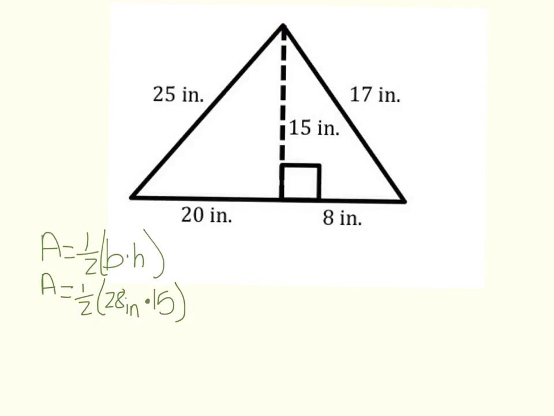So the area would be 1/2 times 28 inches times 15. I got the 28 because I added this, and the 15 inches because this is the altitude or the height. So when I multiply 28 inches times 15 inches, I get area equals 1/2 of 420.